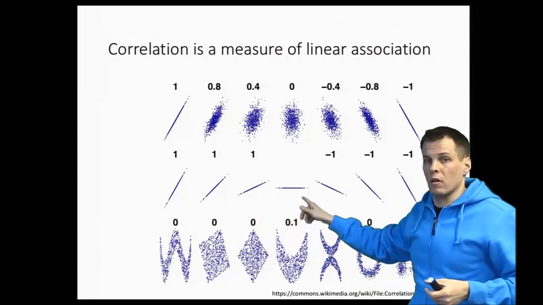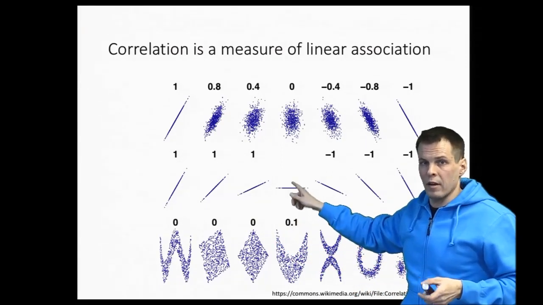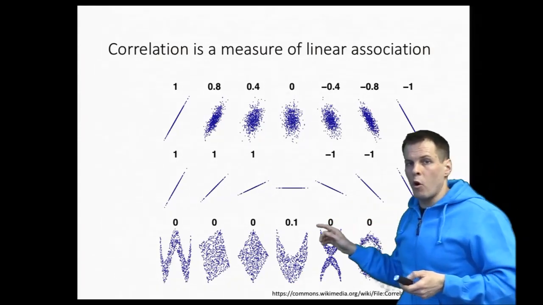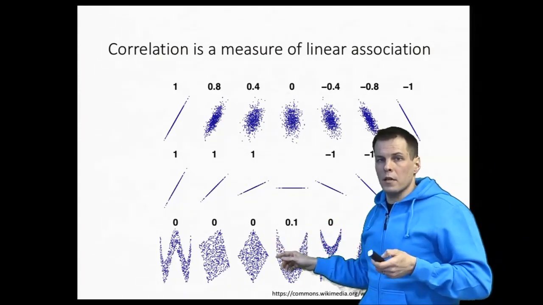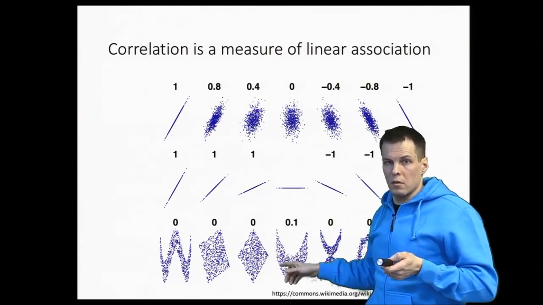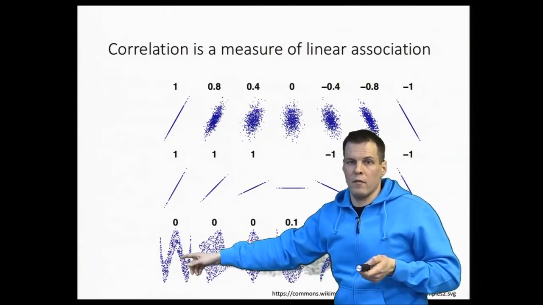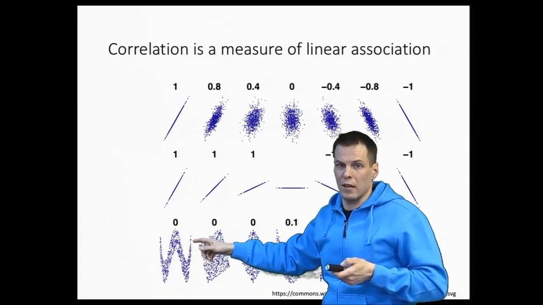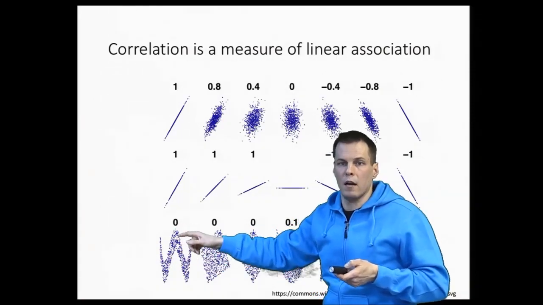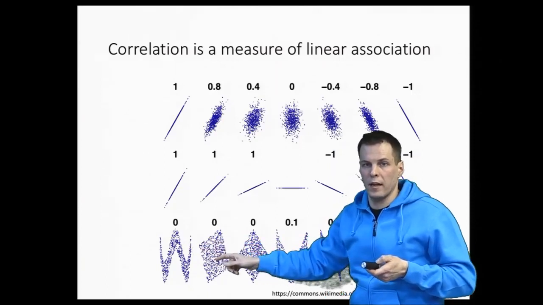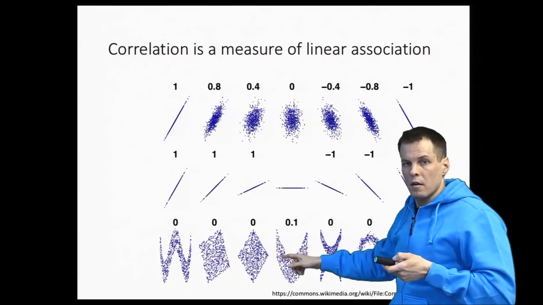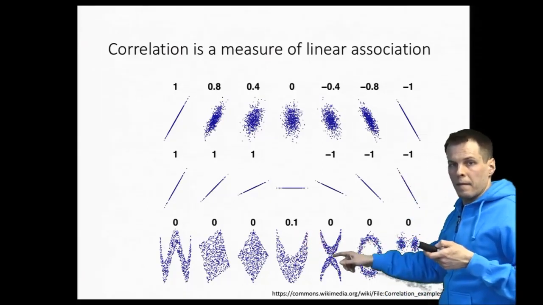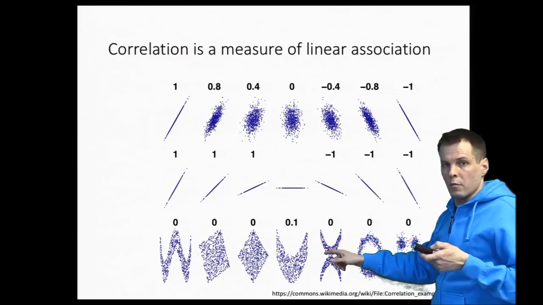And this is 0 correlation because the y variable doesn't vary. And then we have the negative correlations here. Importantly, correlation is a measure of linear association. So here we have two variables that are clearly associated. So there's a clear pattern, but it's non-linear. Here is another pattern that's non-linear, and this is a weak positive correlation, and this is a clear association, but it's non-linear.